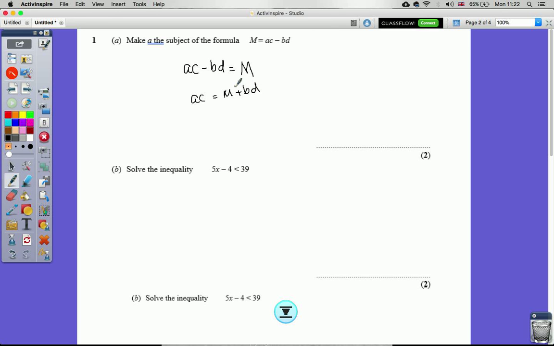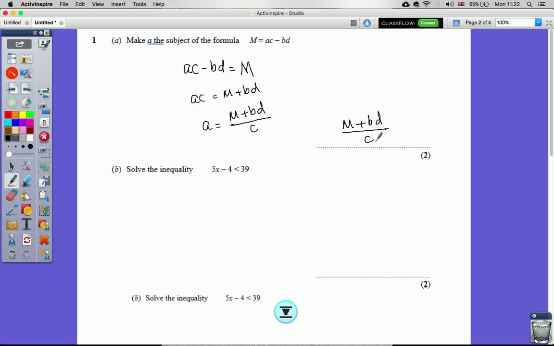Then I'm going to divide both sides by C, so that will be A is equal to M plus BD divided by C. And that would be your answer. Make sure you write the answer on the space given.